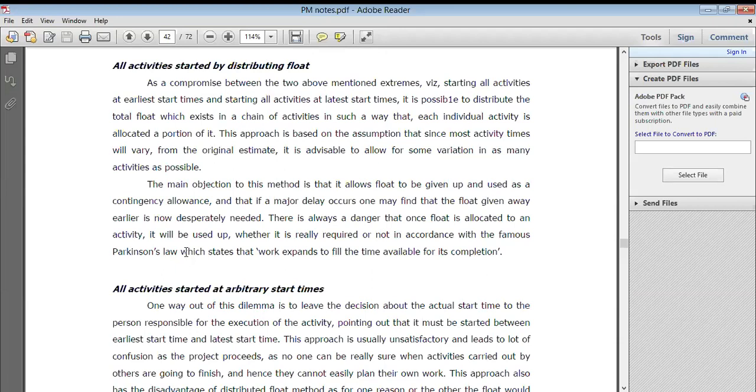Okay, so as a compromise है ना, between the two mentioned extremes, like starting all activities at earliest start time or starting all activities at latest time, whatever. So it is possible to distribute the total float which exists in a chain of activities in such a way that each individual activity is allocated a portion, right?